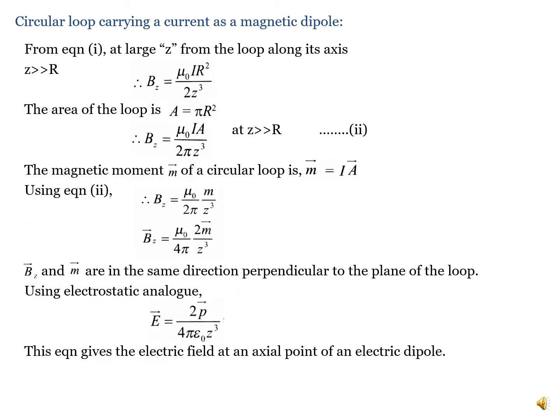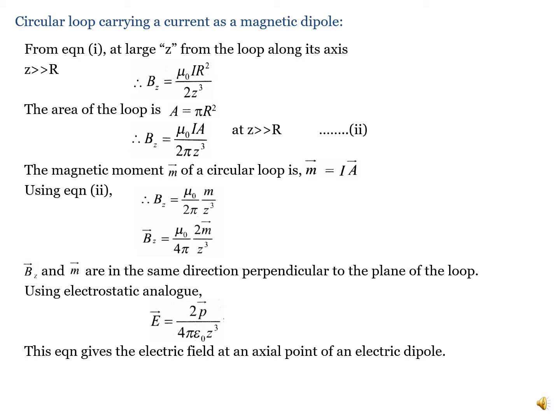Let us see how a circular loop carrying a current acts as a magnetic dipole. The behavior of the magnetic field due to a circular current loop is very similar to that due to the electric field of an electric dipole.